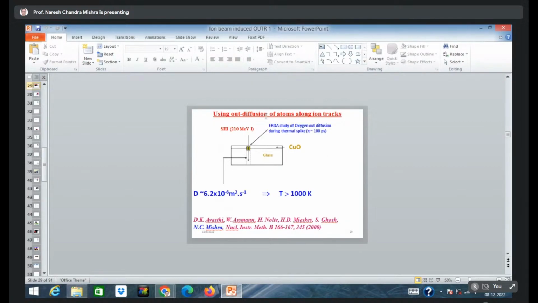Shooting carbon 60 clusters from an accelerator is possible. You can accelerate carbon 60 clusters to several tens of million electron volt, and these carbon clusters can penetrate through. You can calculate the energy deposition of each carbon ion.